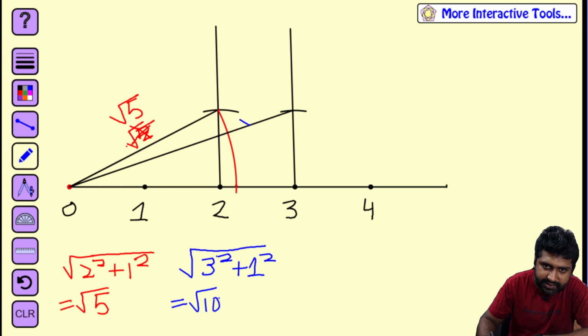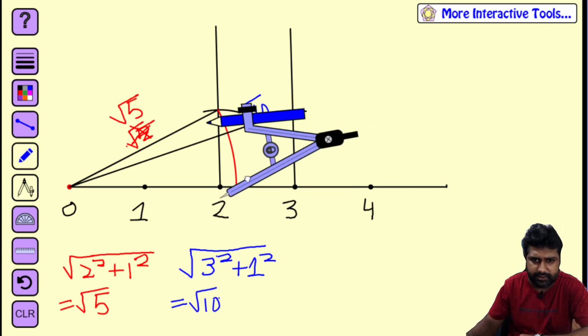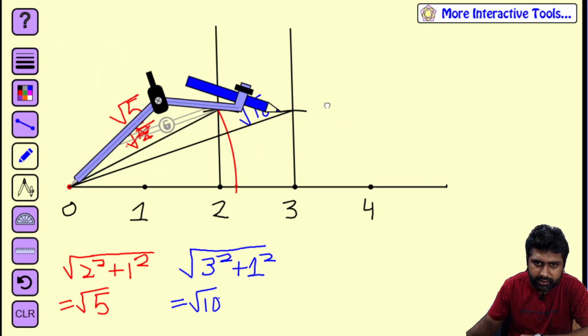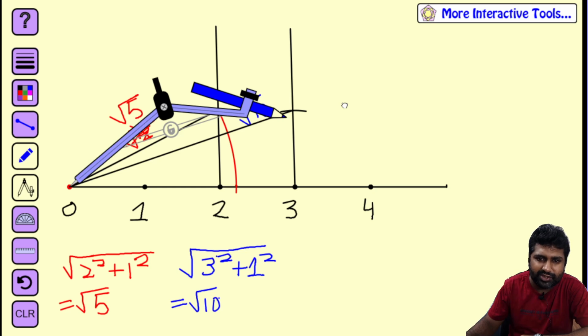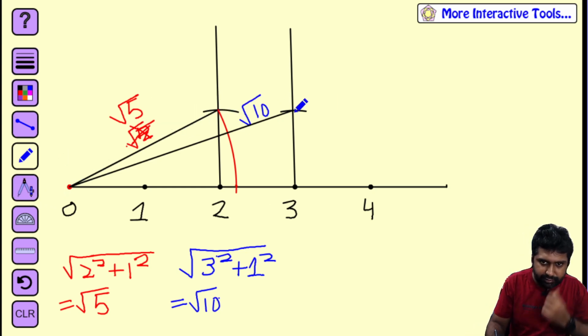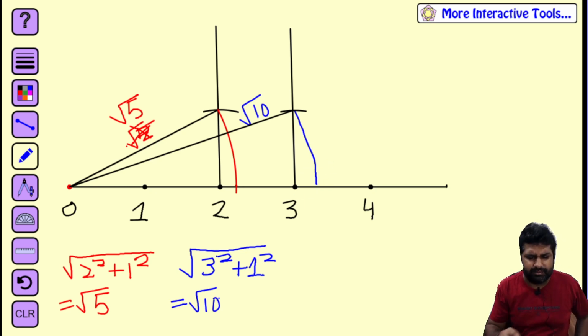So this time this is root 10. If you measure with your compass, let's see, open it. Oh, just fell short. Anyway, there is a limitation with the software. The point is, if you measure it down, it will go somewhere here, and that will give you root 10 roughly. I'm showing you this, there's a limitation with the software, so let it be.